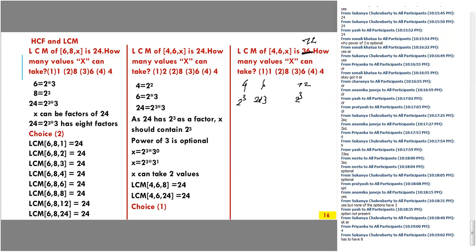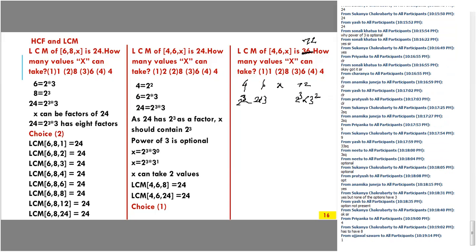Then 72 is 2 cubed into 3 square. So X should definitely contain 2 cubed and 3 square or not? Only one value. How many are clear?